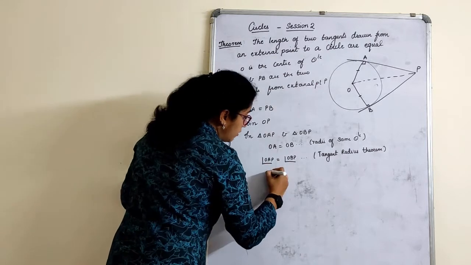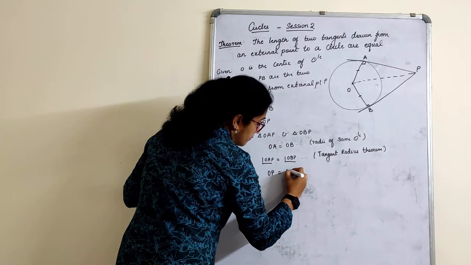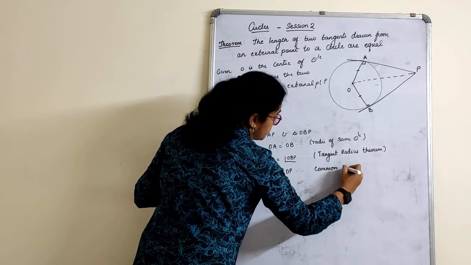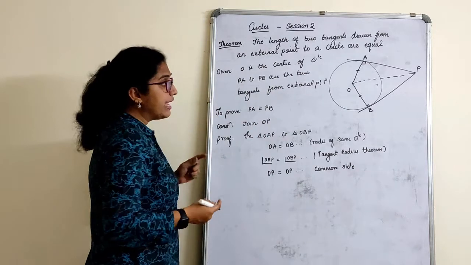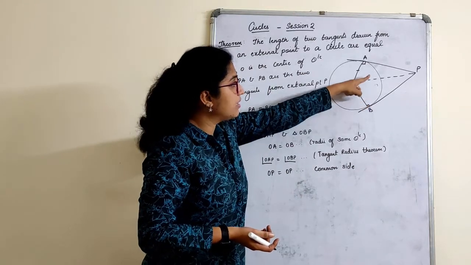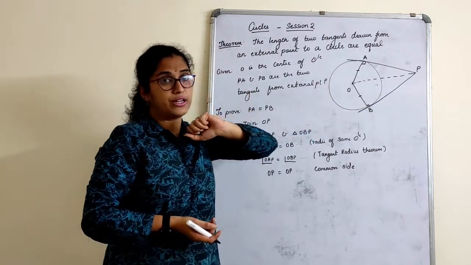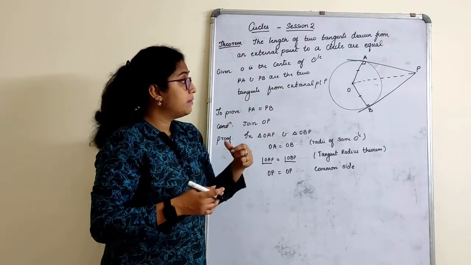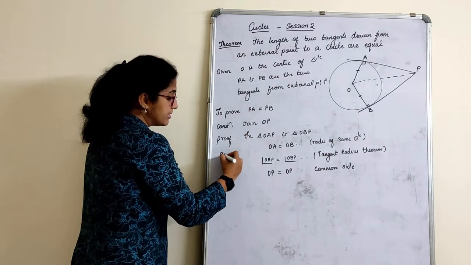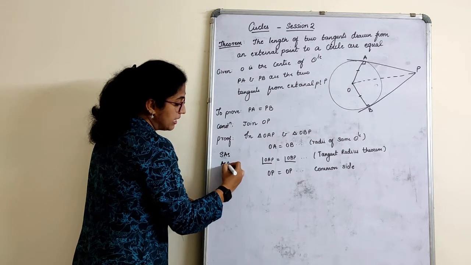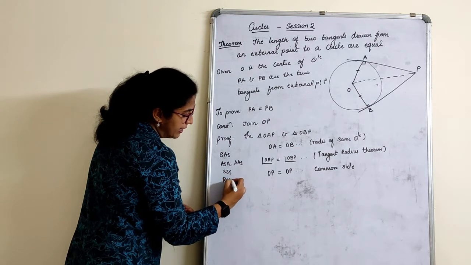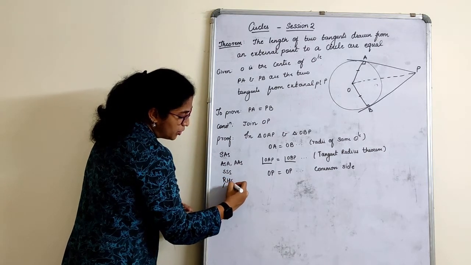Third one, can I say OP is equal to OP? Common side. So angle and two sides. SAS, check. SA, but the angle should be included for SAS. But I have two sides and an angle. What is it, you check. Which all did we have? SAS we had, ASA or AAS was there, triple S we had, and also we had RHS, where we have a right angle, hypotenuse and a side.